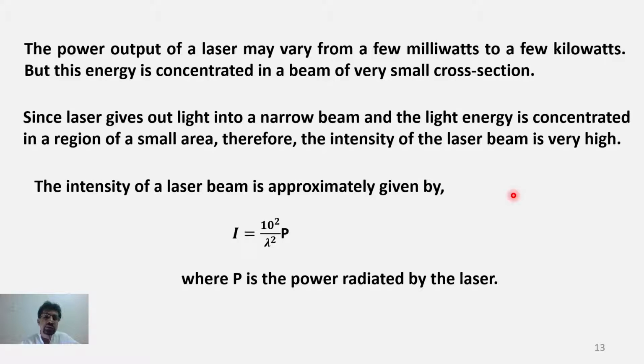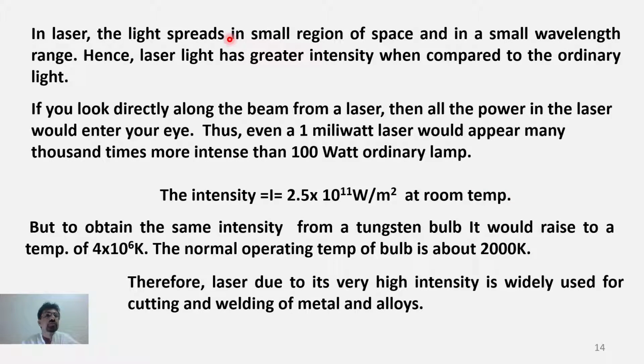So remember, we can express the intensity of the laser beam in terms of the power and the wavelength, that is I = π² P / λ². In a laser, the light is spread in a small region of space and a small wavelength range. Hence, the laser light has a greater intensity as compared to ordinary light.